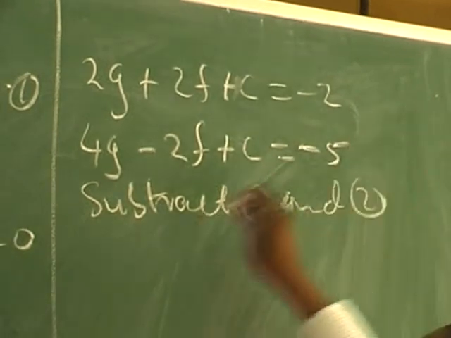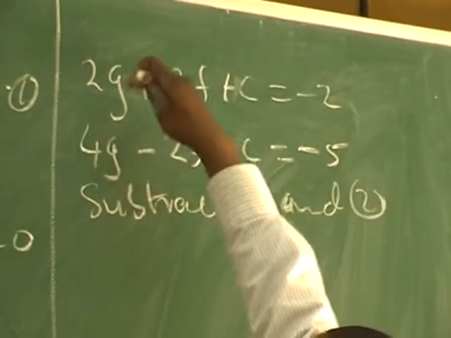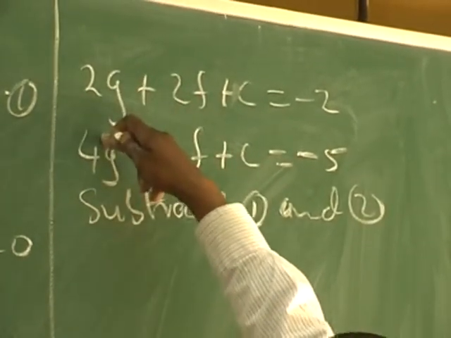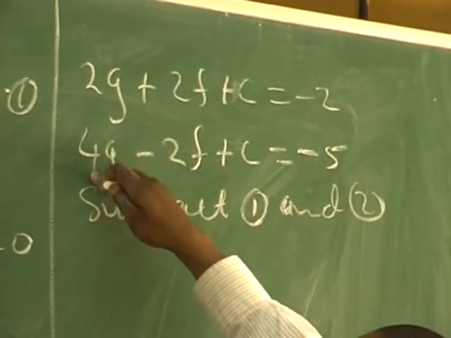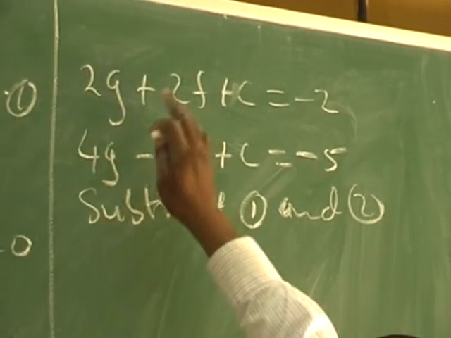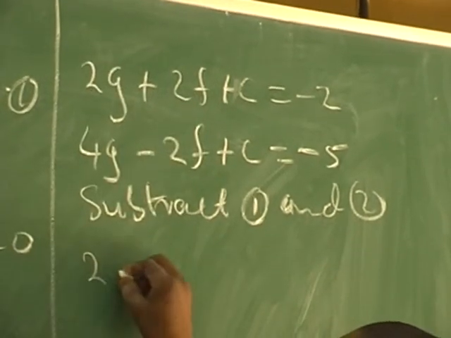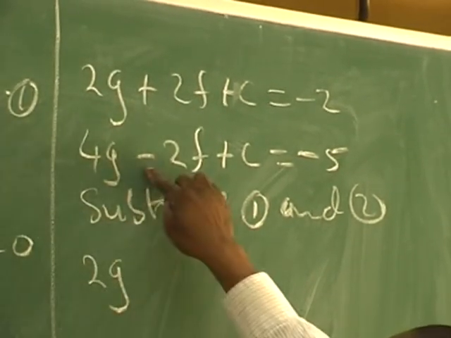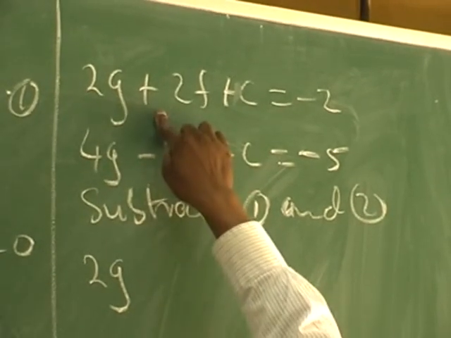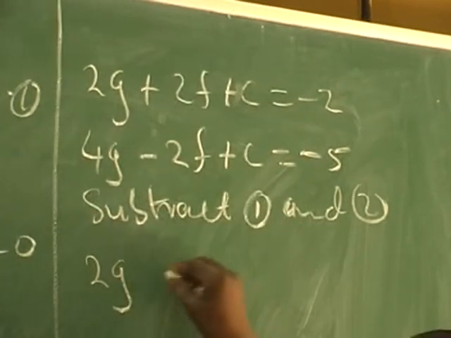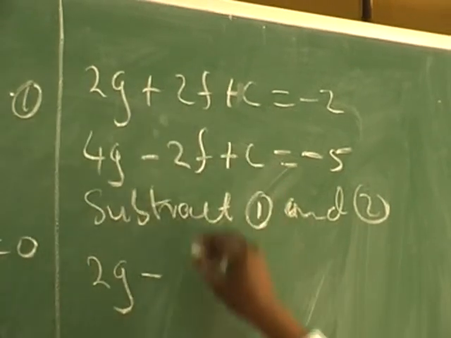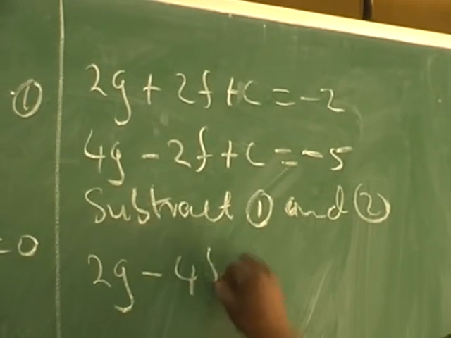So we subtract. You see, 4g minus 2g will give us 2g. Now minus 2f minus 2f will give us minus 4f.